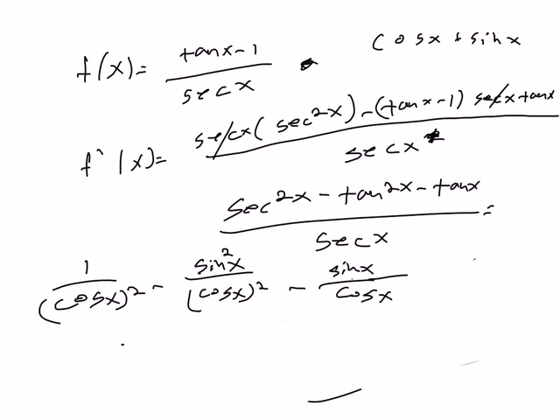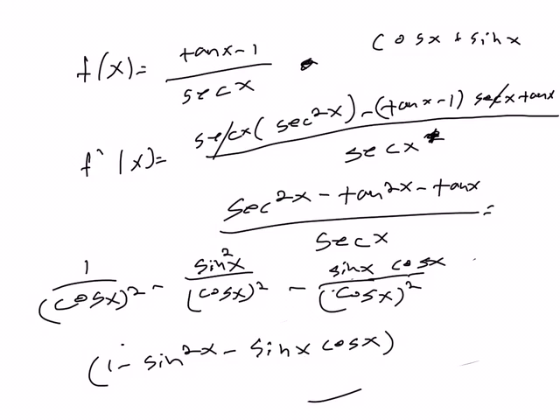So let's add a cosine x. Now this is cosine squared x. So on top, what we get is 1 minus sine 2x minus sine x cosine x. And then we're going to just multiply all this by cosine x, because in the bottom we have 1 over cosine, which just flips up here.